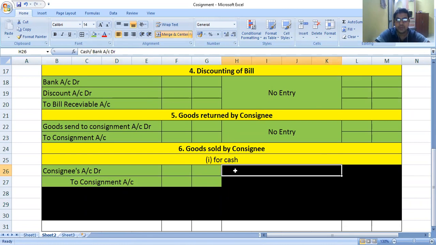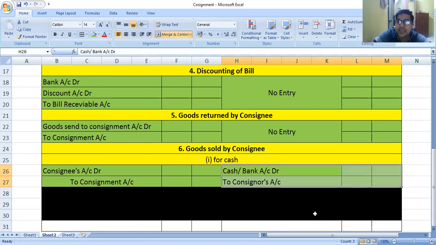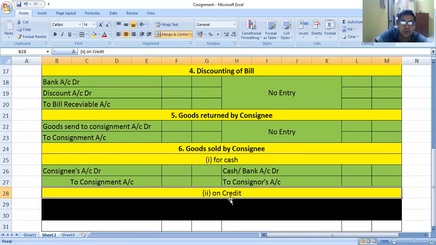Whenever the goods are sold by consignee for cash, the entry in the books of consignee is cash or bank account debit to consignor's account. I hope you understood. Next, the entry on credit basis.